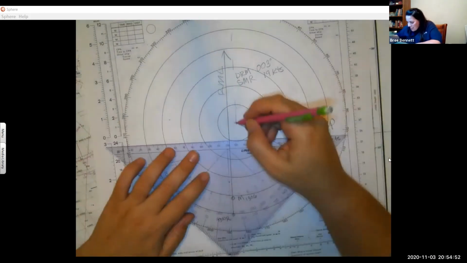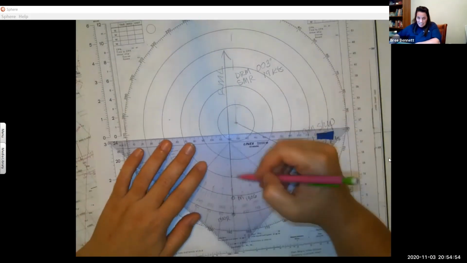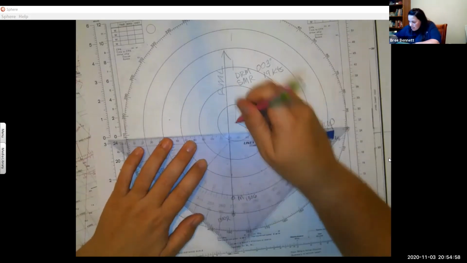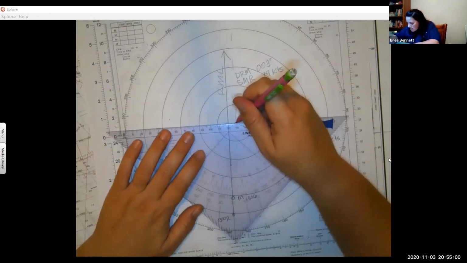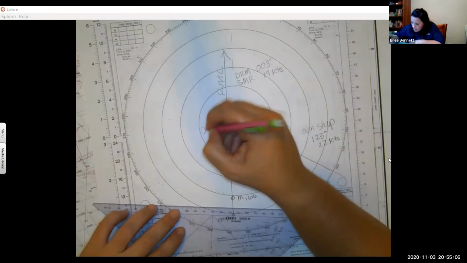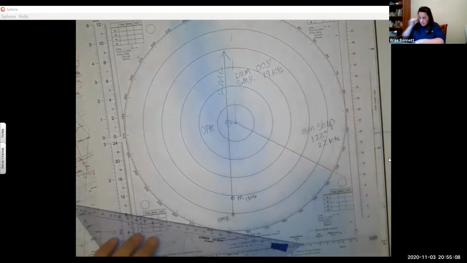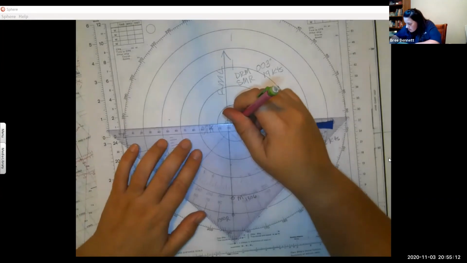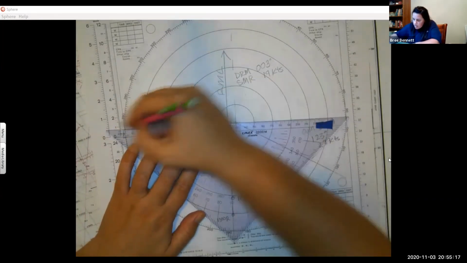Okay. So 90-degree angle to our R to M line to the center. This is our CPA. Draw it all the way out.